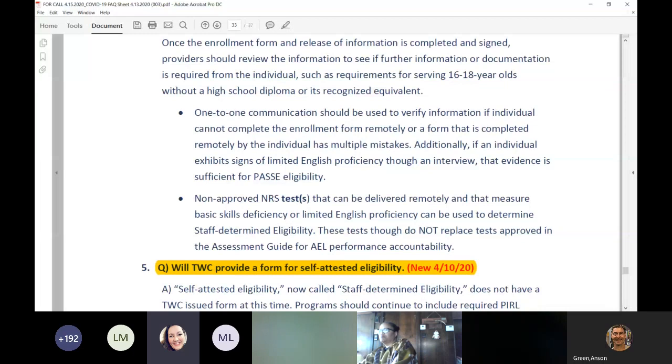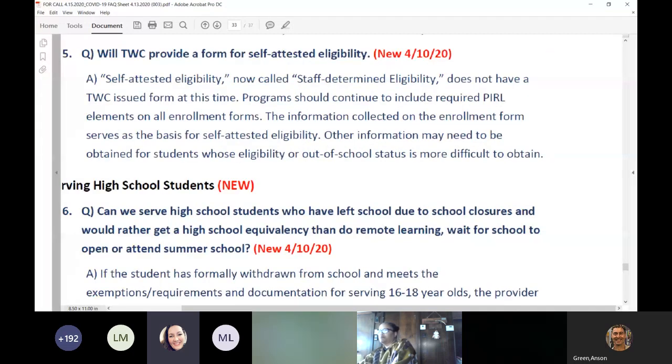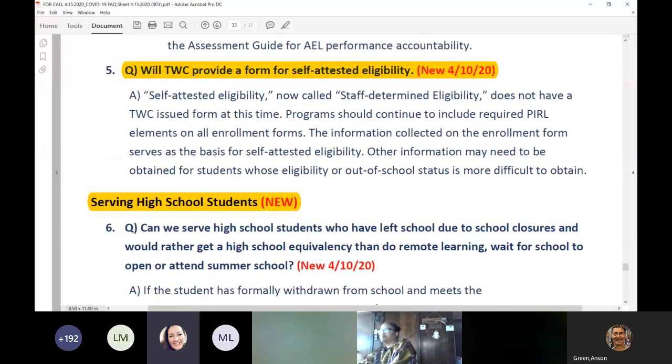So the next question here, number 5, will TWC provide a form for self-attested eligibility? So the first thing we want to say is that we've moved away from this term self-attested eligibility, and we've now started calling it staff-determined eligibility.